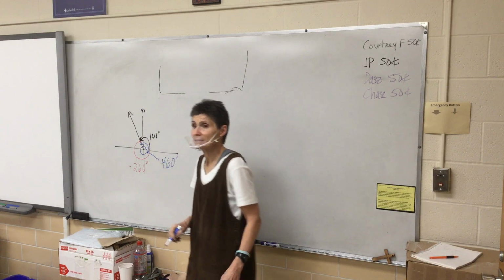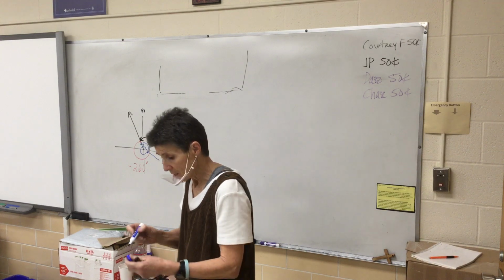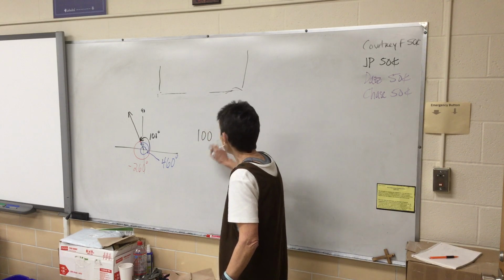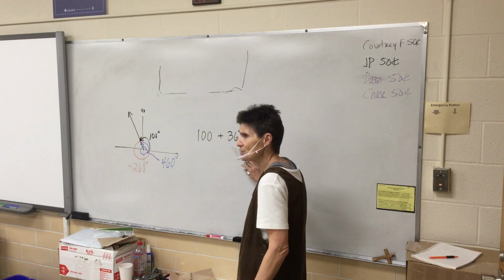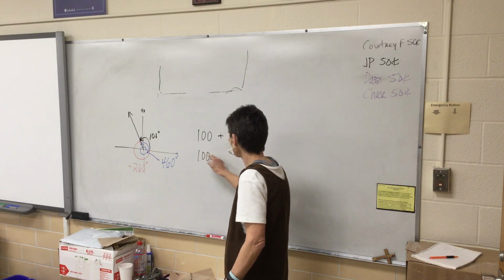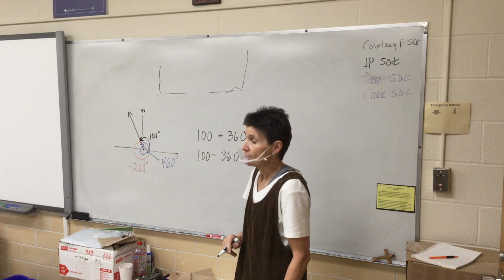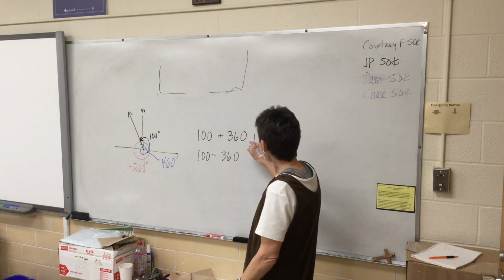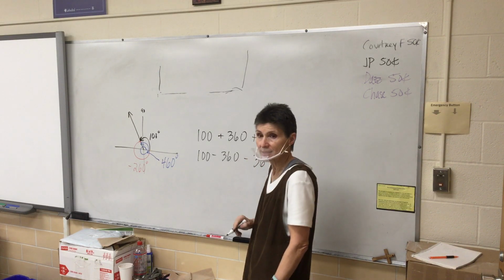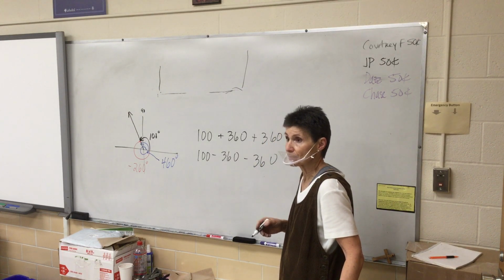So that's what we talked about yesterday, that coterminal angles are found by taking whatever your original angle is, in this case 100 degrees, and either adding 360 to it, hence the blue, or subtracting 360 from it. Now, if you wanted more, you could add another 360 or subtract another 360. You could just keep doing that forever and ever.